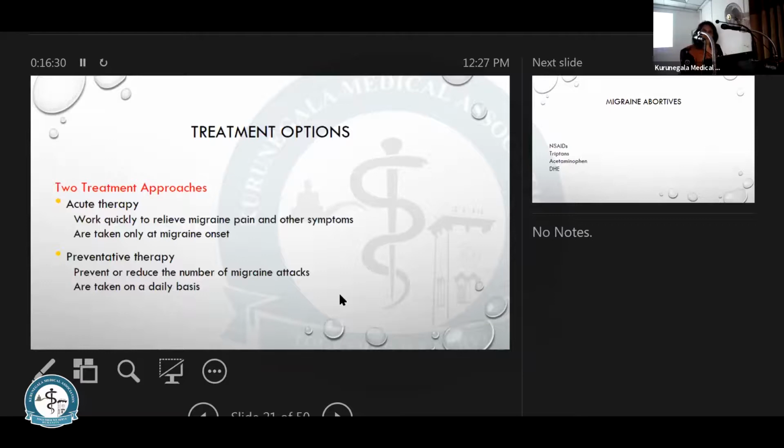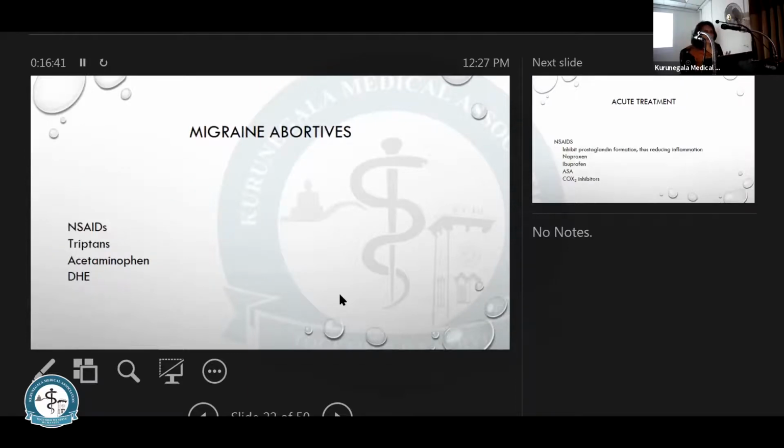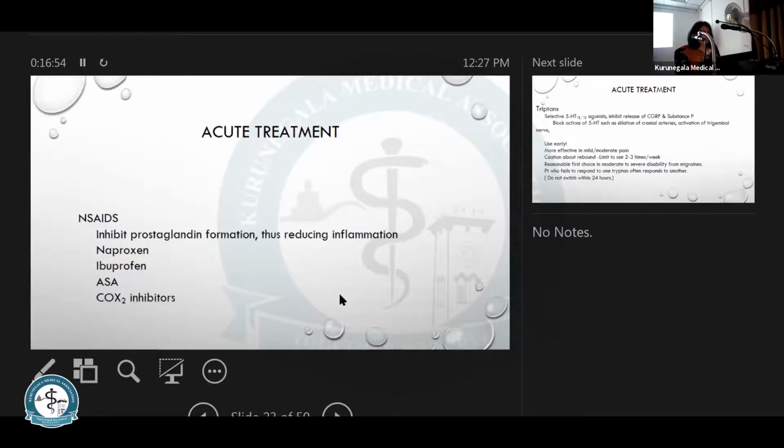The two treatment approaches are acute therapy and preventative therapy. For acute therapy, we should start drugs which are quickly active. The abortive, acute therapeutic drugs are the NSAIDs, triptans, acetaminophen, and dihydroergotamine.